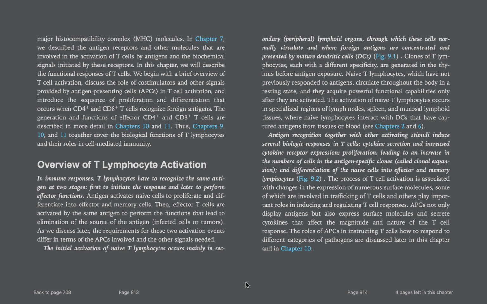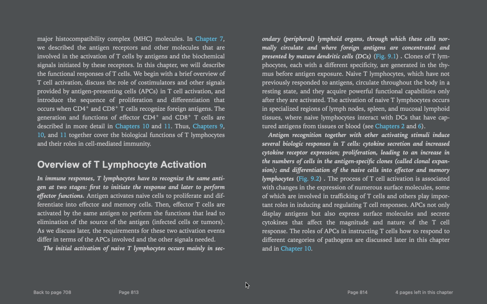The initial activation of naive T lymphocytes occurs mainly in secondary peripheral lymphoid organs, through which these cells normally circulate and where foreign antigens are concentrated and presented by mature dendritic cells, the DCs. See figure 9.1.